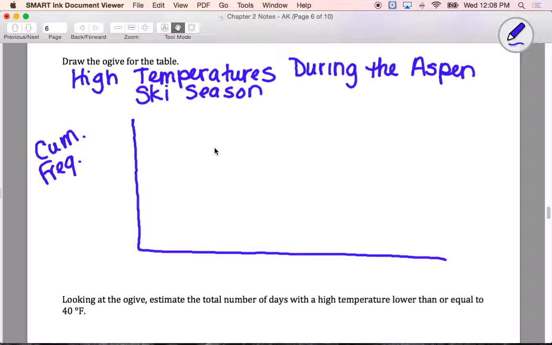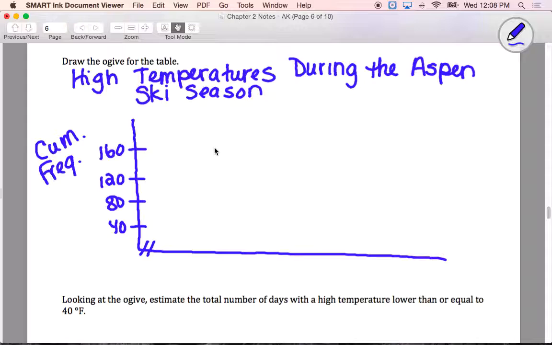So we have that range. I think I'm going to go up by 40 then because I don't have that much room. We're going to do 40, 80, 120, 160.